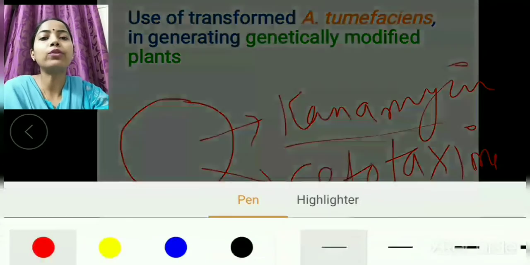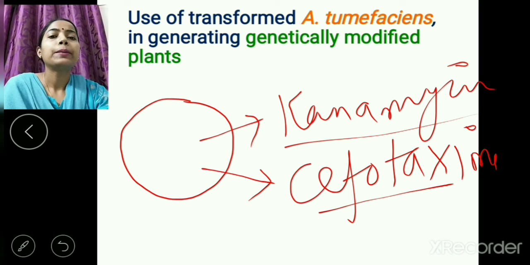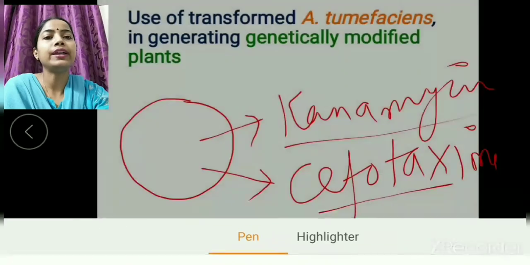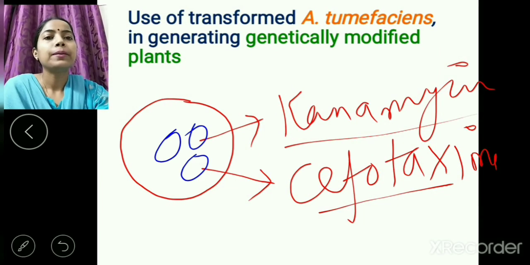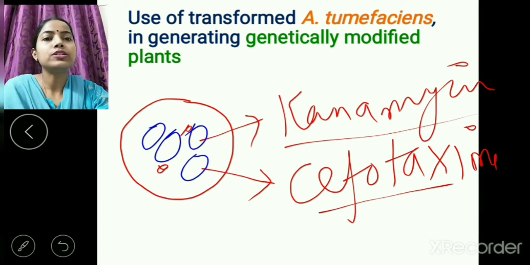In the previous slide I showed you that the incubation of both the bacterial and plant cells was taking place. After that, those plant cells may contain some bacterial cells also, so they are being taken into this medium, and if there is some Agrobacterium tumefaciens, they will also come.